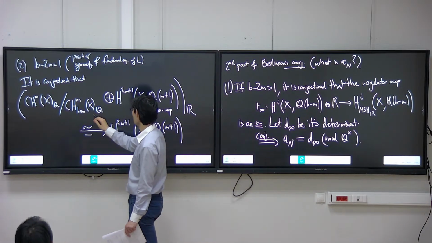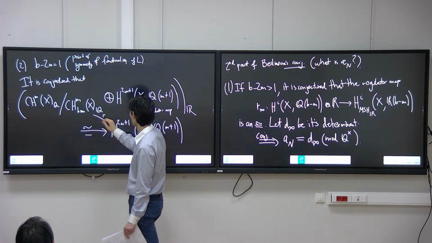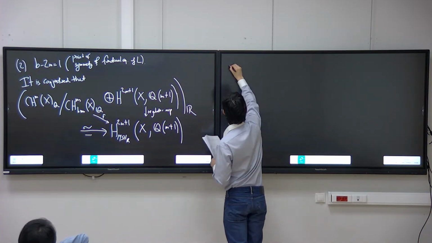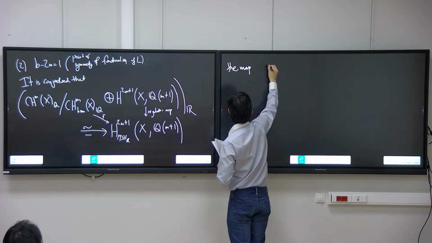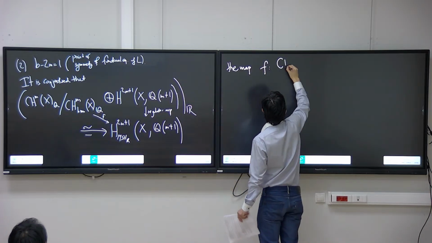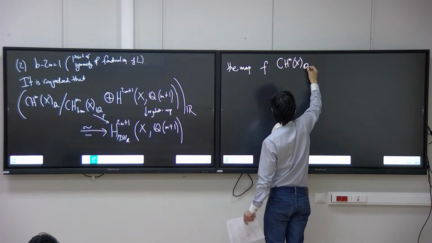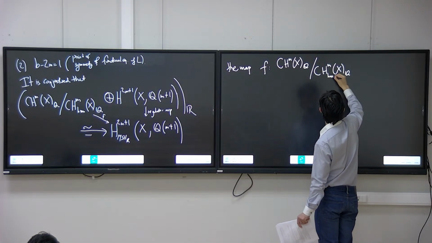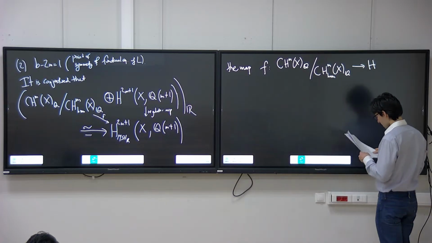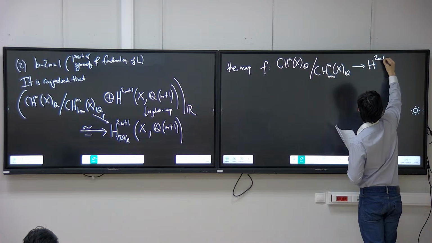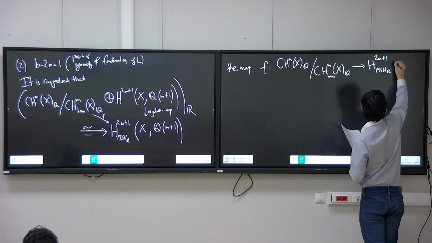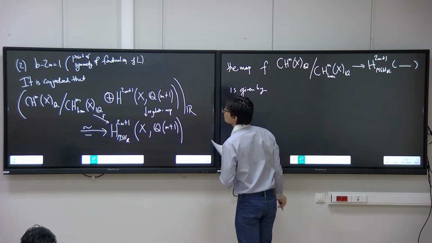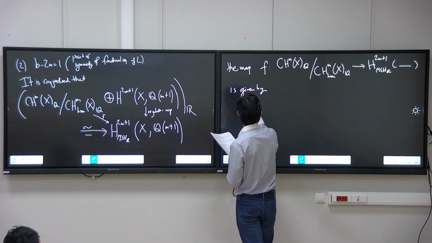And this map here, let's call it F. I will write down what F is here. F is given by the composition.